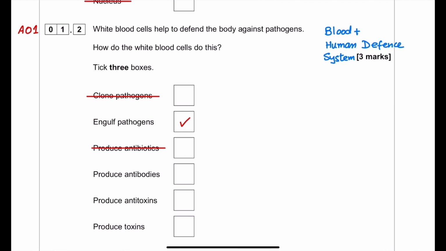White blood cells produce antibodies against the pathogens. This is a correct option. White blood cells produce antitoxins. The pathogens which produce toxins, white blood cells produce antitoxins against those toxins. So this is a correct option. They don't produce toxins in our body.